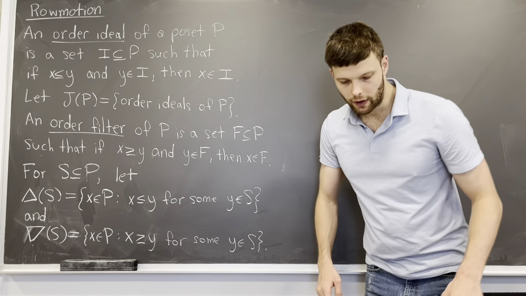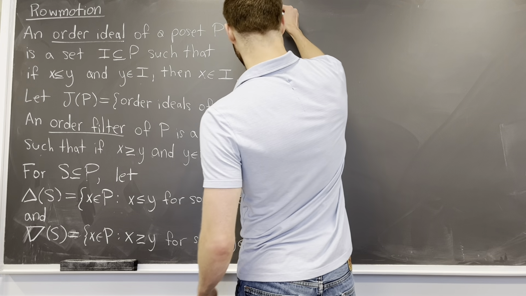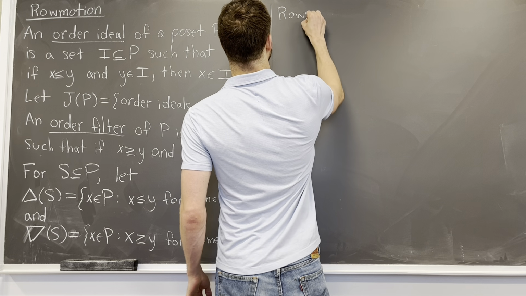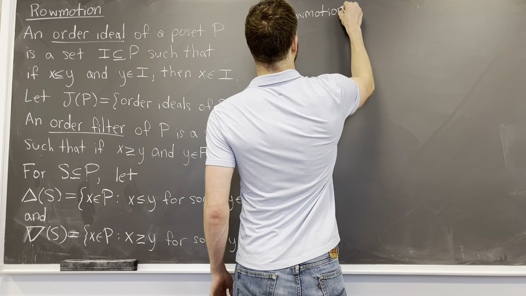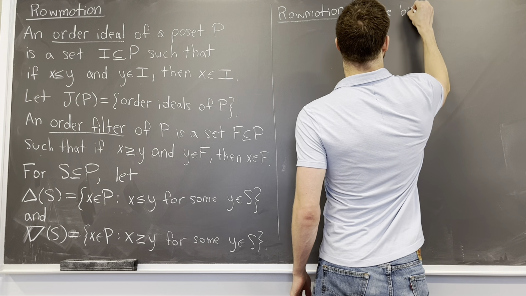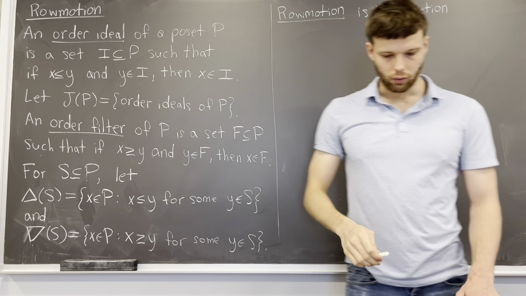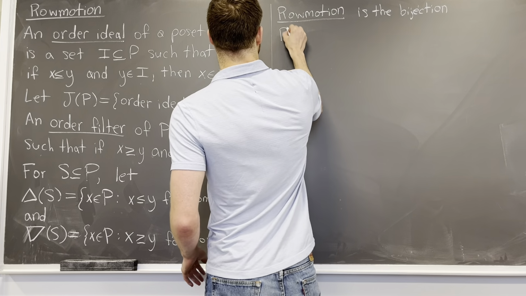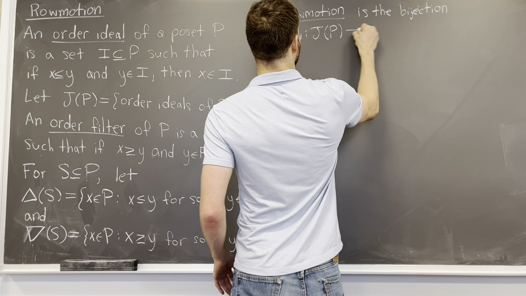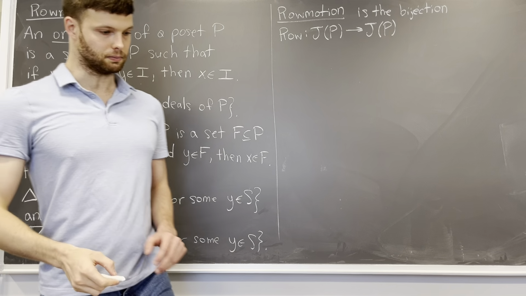Okay, so now I can define Rowmotion. So Rowmotion is the bijection, which I'll denote by rho. It's a bijection from the set of order ideals of P to itself. So you give me an order ideal, and this will spit out another order ideal.